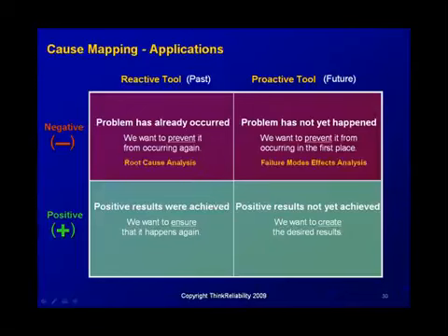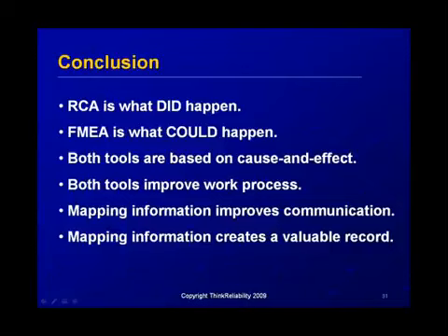It's just that most people focus on root cause analysis because it's investigating that negative problem, and failure modes and effects analysis is preventing that negative thing from occurring. But you can apply the same cause and effect approach in any of the four options within this matrix. They're just different applications. So RCA, in simple summary, is what did happen. FMEA is what could happen.